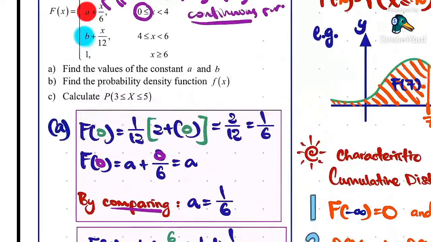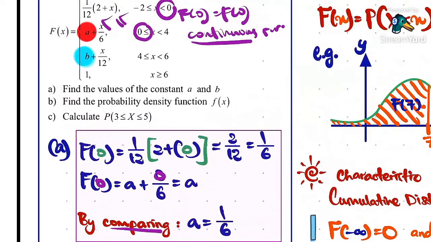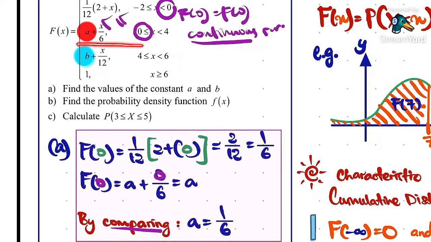Okay. Same goes for the value of b. In order to find the value of b, we are now going to compare at the value of 6. Because we already got the value of 1 here, it's easier to compare at the number 6. Okay, but you can also try number 4 for both functions, but in this case we just got the value of a, and for now I don't want to use it.